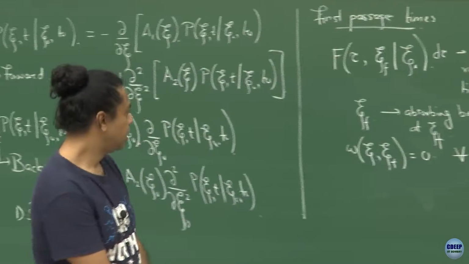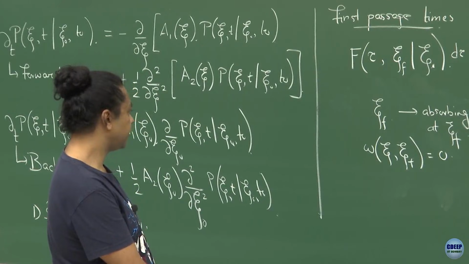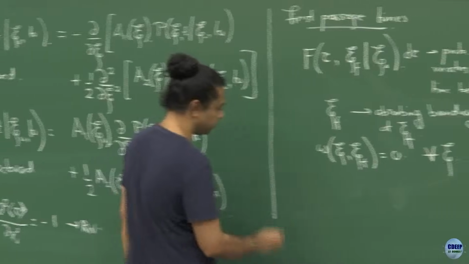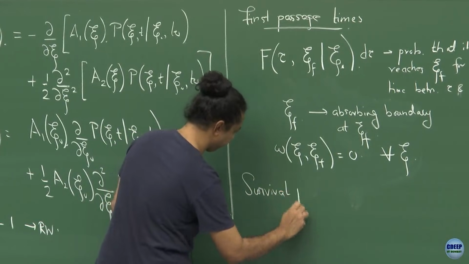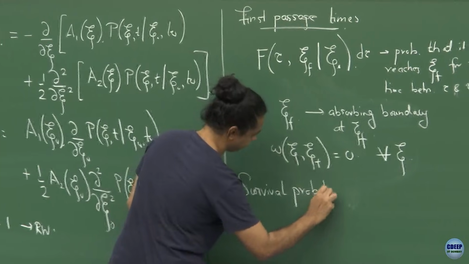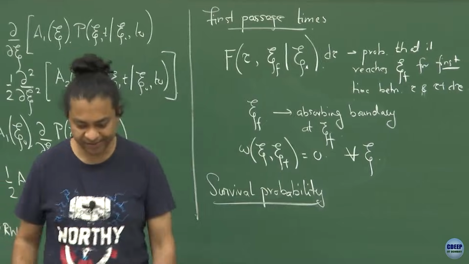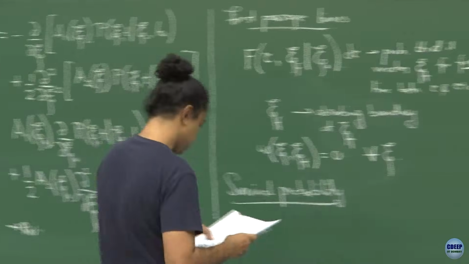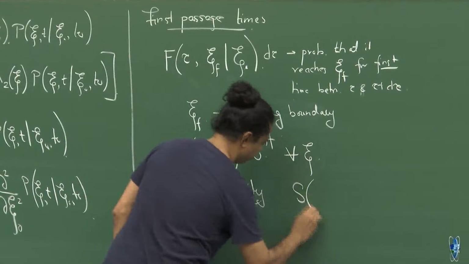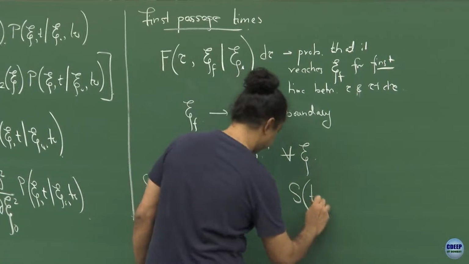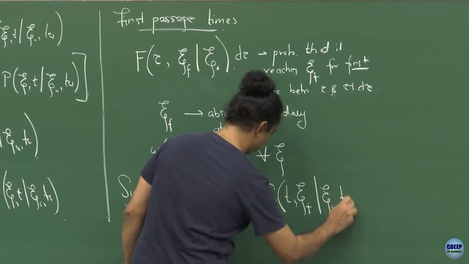All right. So here let us define this new quantity, which is called the survival probability. Let me call that S, S of t, psi f given psi naught, t naught.